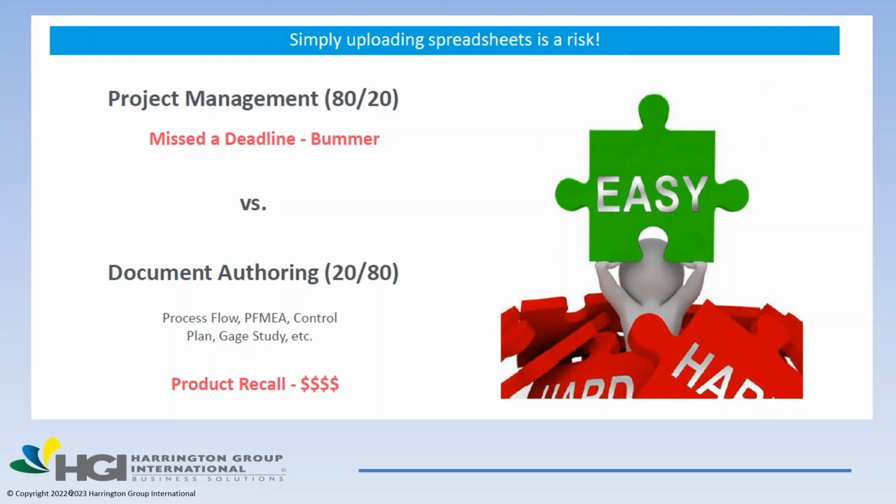Again, project management is project management. If you missed a deadline, that's a bummer. But when we talk about document authoring and the knowledge engineering, this is where we get product recalls, scrap, defects, all the true costs that we're trying to avoid.